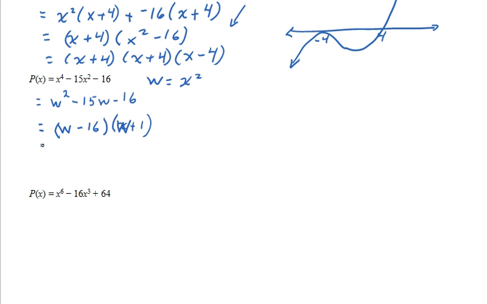Now we're going to back substitute x squared for w. We're going to get x squared minus 16 times x squared plus 1. The x squared plus 1 does not factor in the real numbers, but x squared minus 16 gives us an x plus 4 times x minus 4.